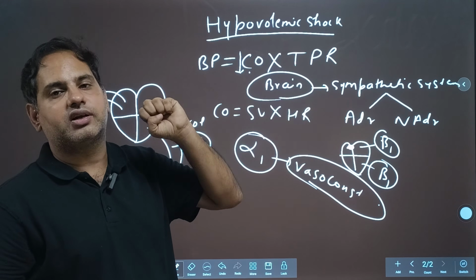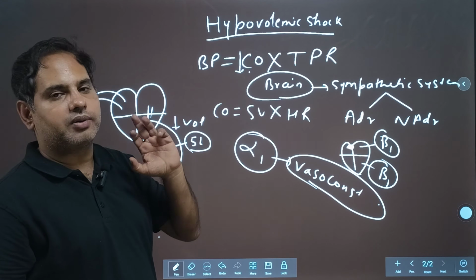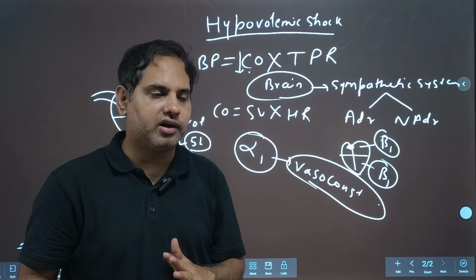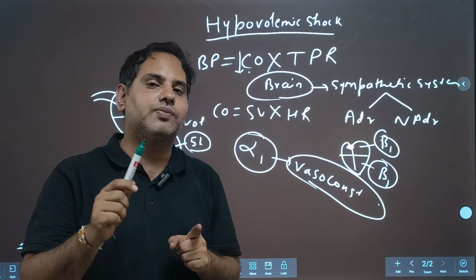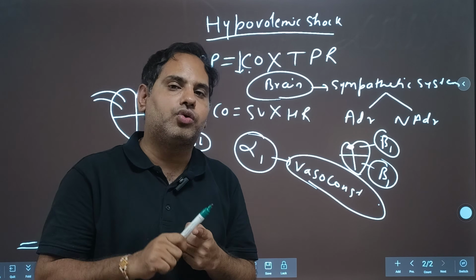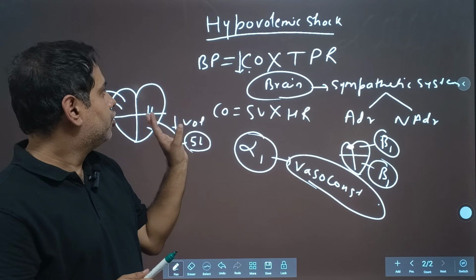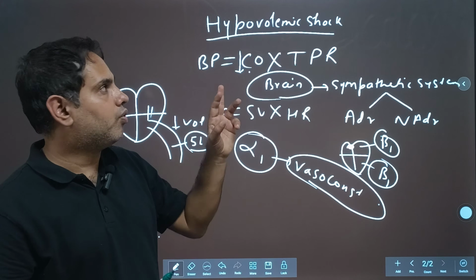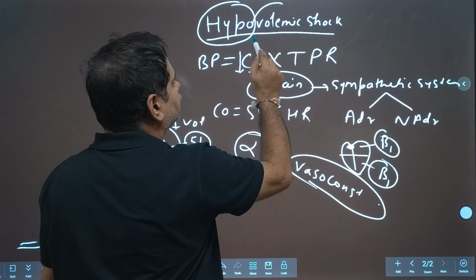TPR, total peripheral resistance is going to increase. If your total peripheral resistance increases, your blood pressure is going to be maintained, right? So this is one of the compensatory mechanisms by which the body will try to maintain your blood pressure. When you have a hypovolemic shock, hypovolemic, as its name indicates, hypo means less, volemic means volume.